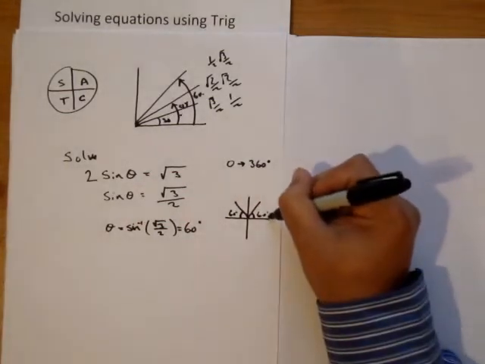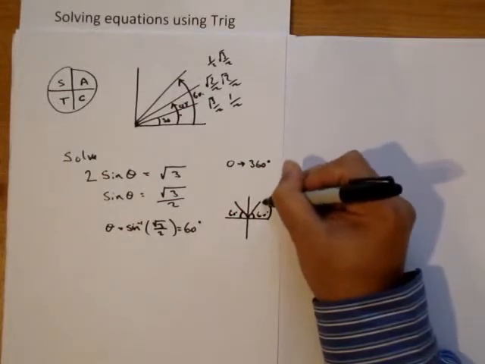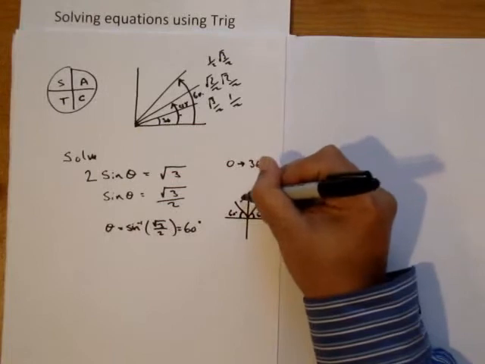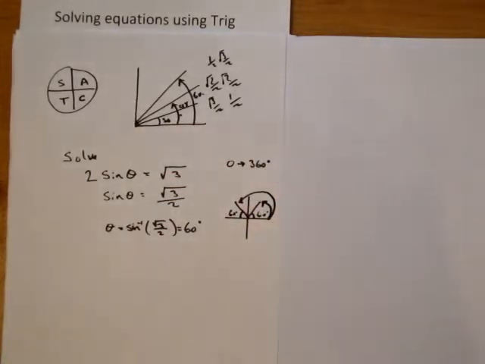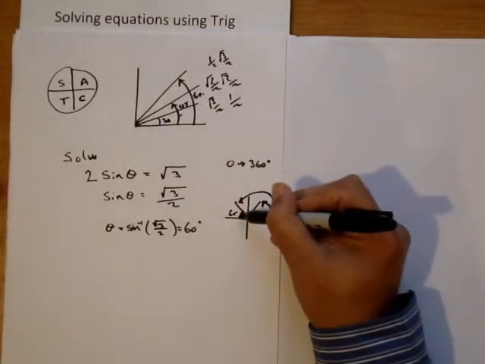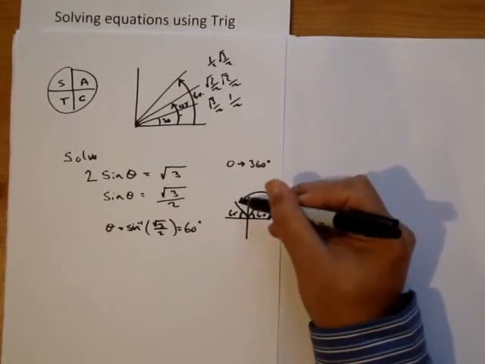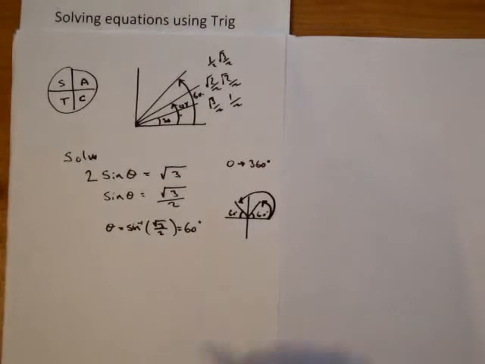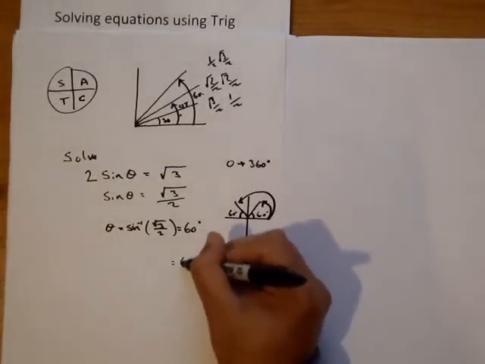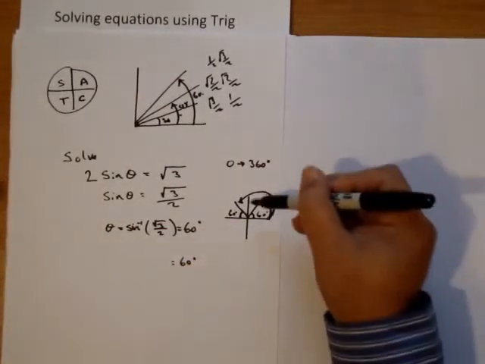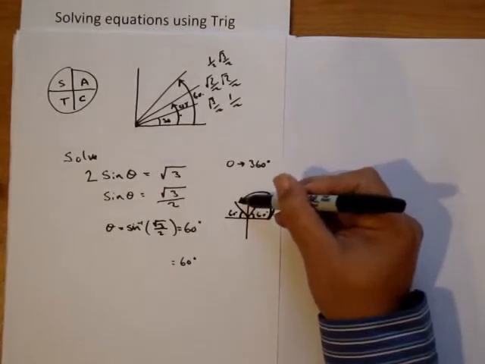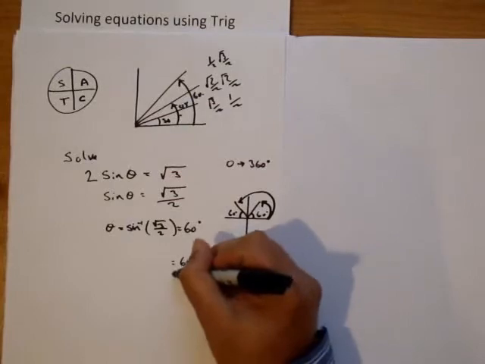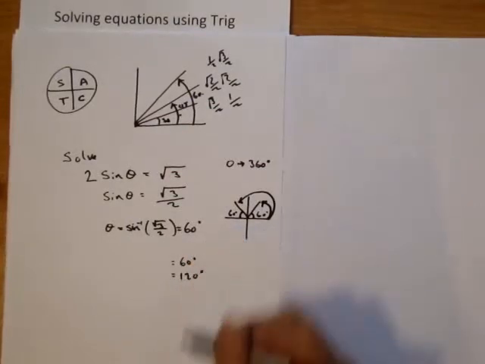When we go round, this would be an answer, and also this would be an answer. In the other quadrants, sine is not positive, so there would be no answer there. So the answers we'd get are 60 degrees, and then 90 plus 30 degrees, which is 120 degrees.